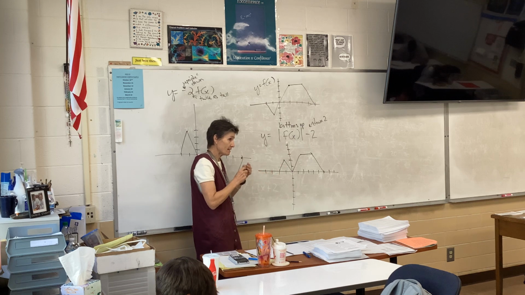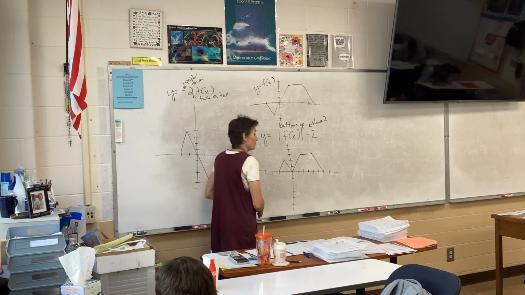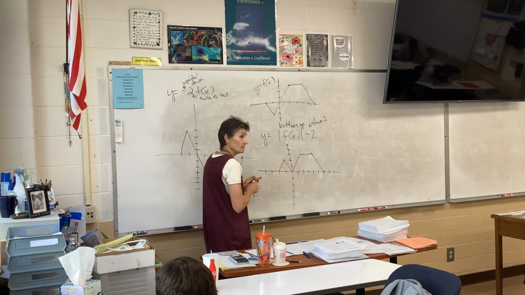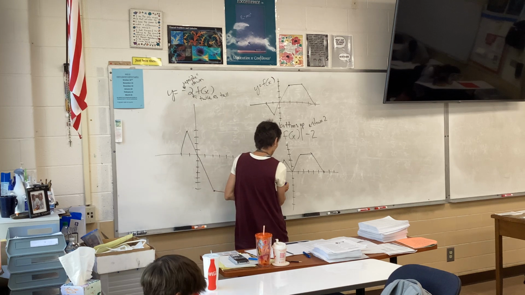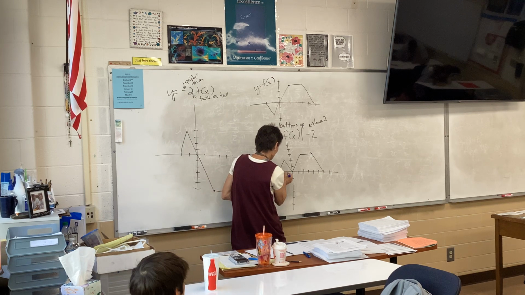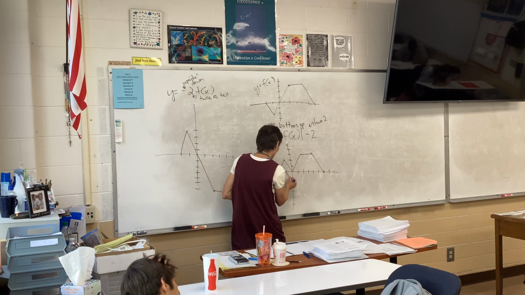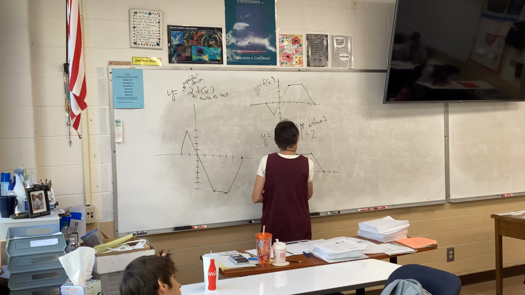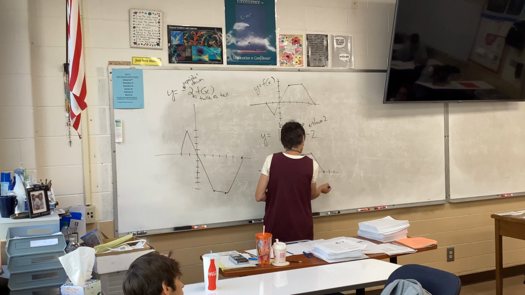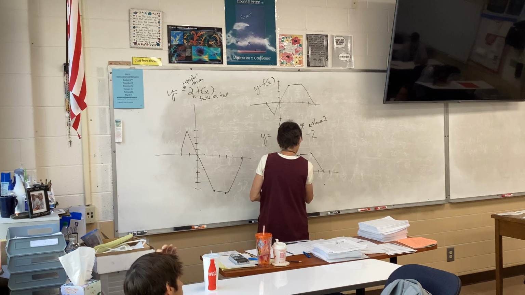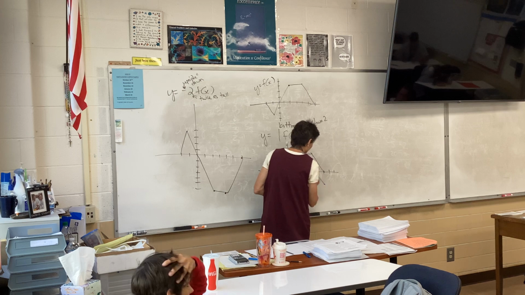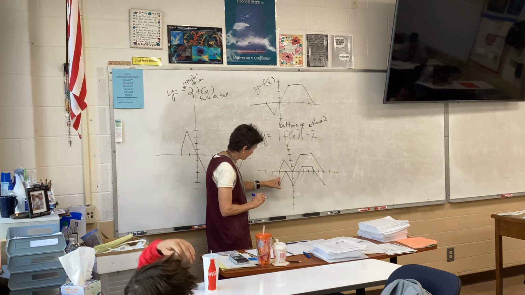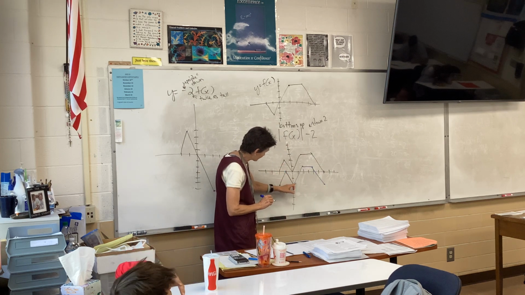Now I have to take that though and drop it down 2. So down 2. And on your graph paper, that's easy. Every point down 2. So drop every point just down 2 blocks.